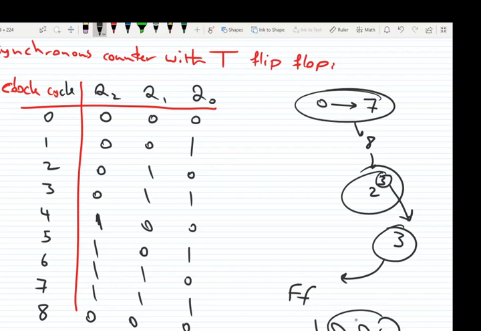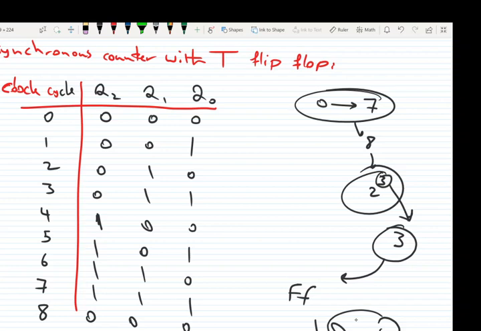So we want to design this counter with T flip-flops. What do we need to do? First, let's look at Q0.